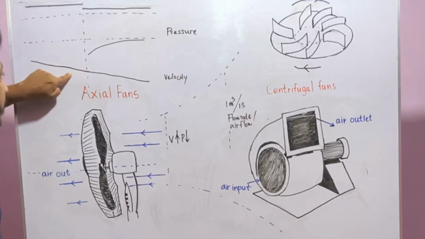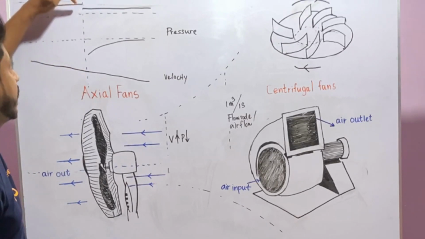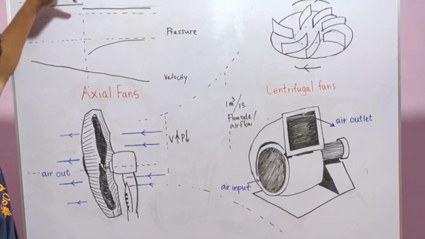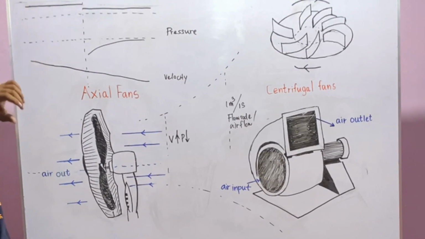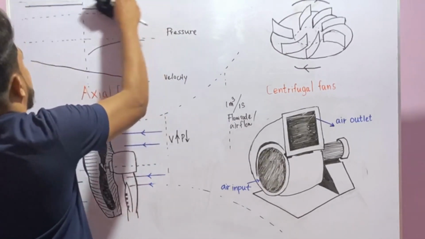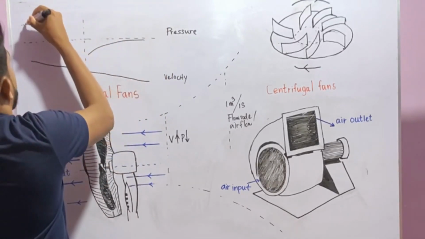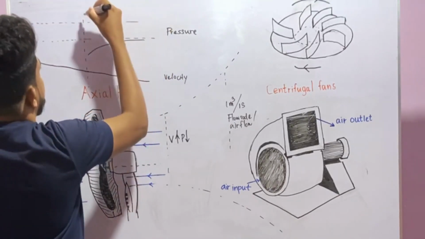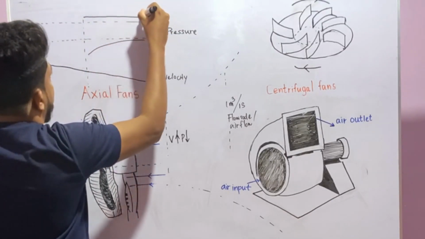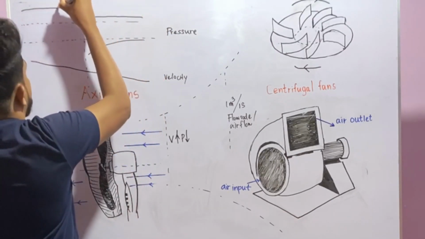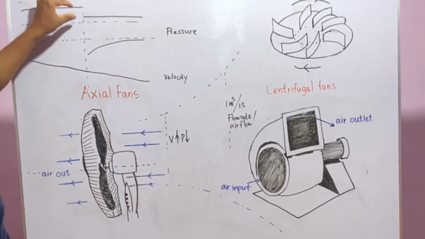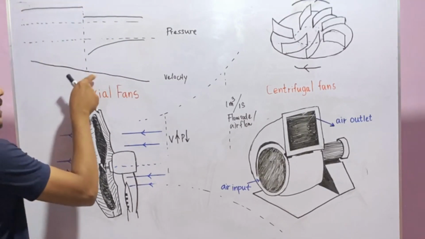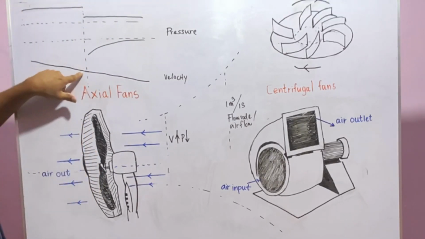It is gradually increasing, but there is a rapid increase in the energy. Let's say this is the initial energy and this is the energy after the fan. There is a huge gap, but here velocity does not show a rapid increase.